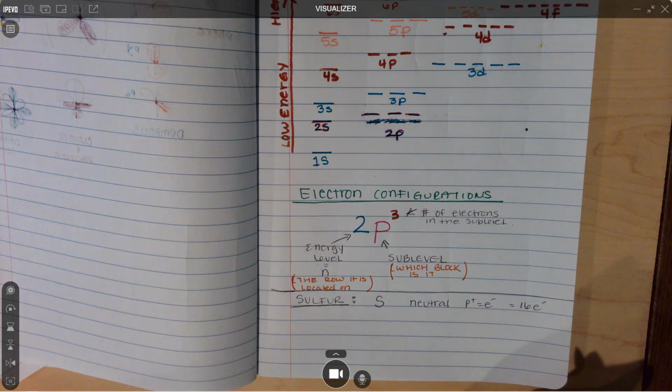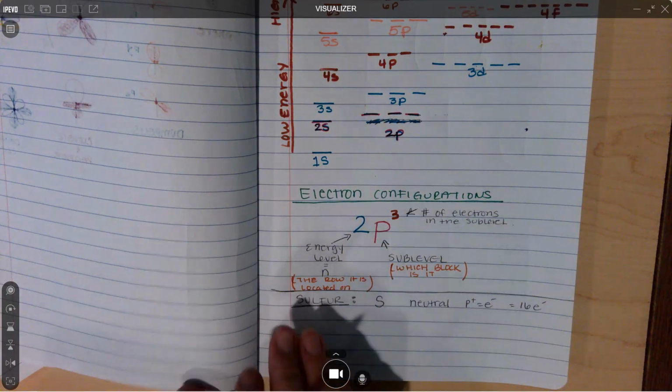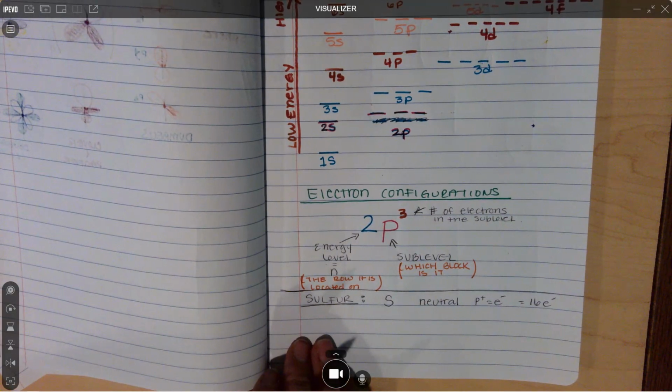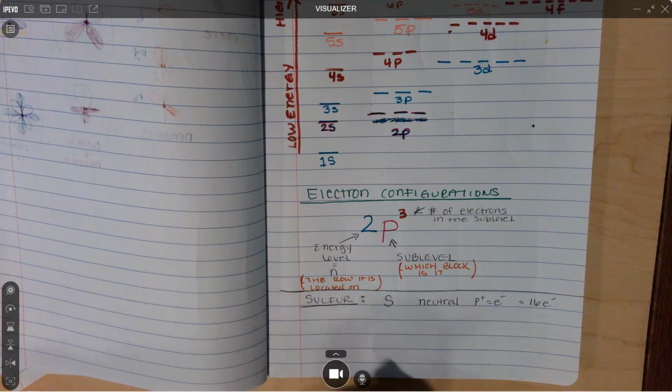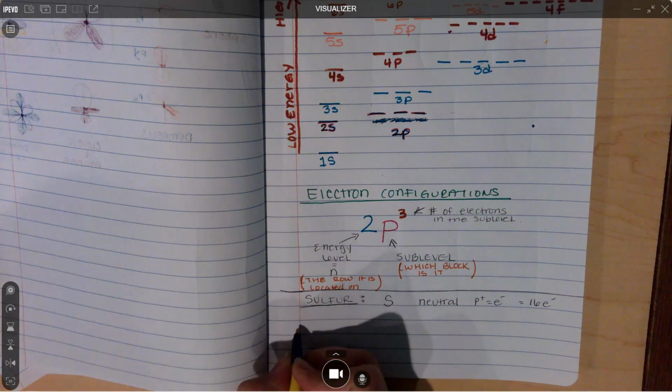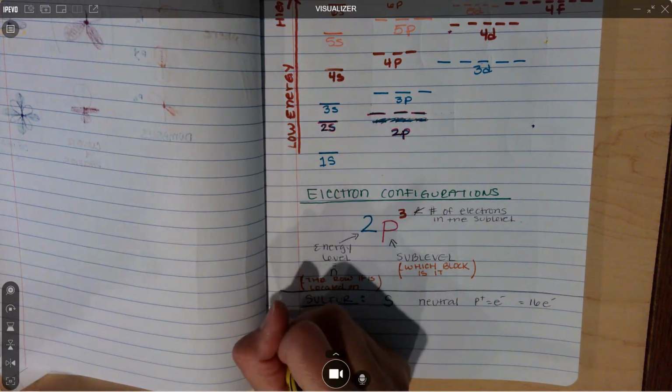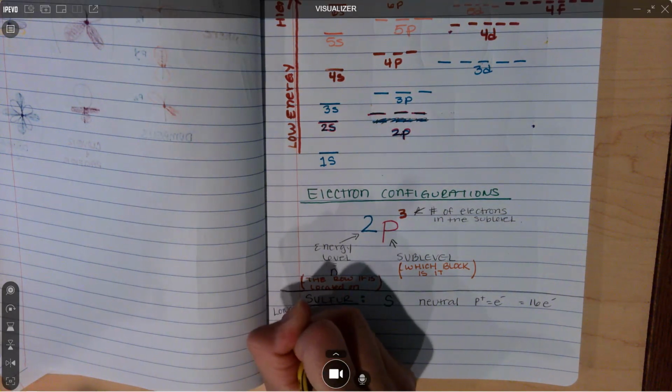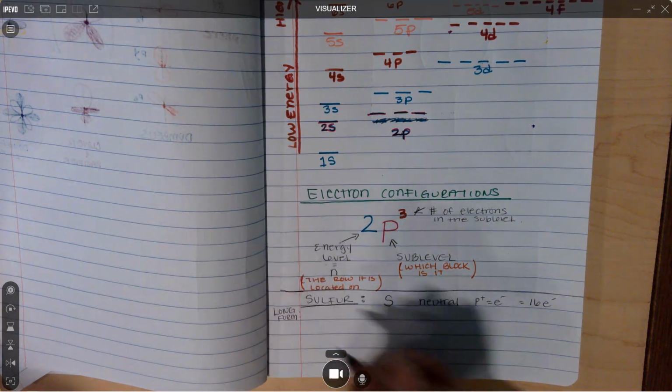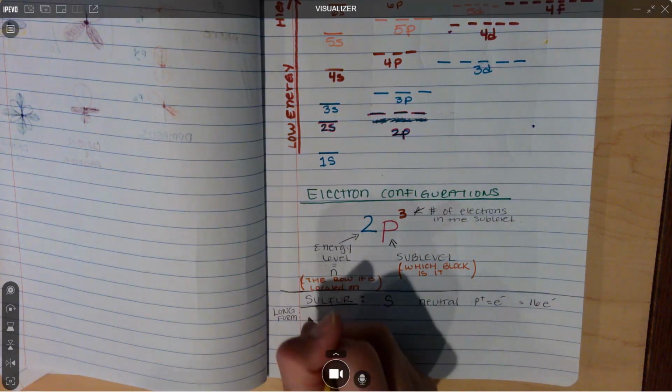So let's go ahead and write our electron configuration. We're going to do something called the long form. This long form is also known as the orbital or arrow configuration.